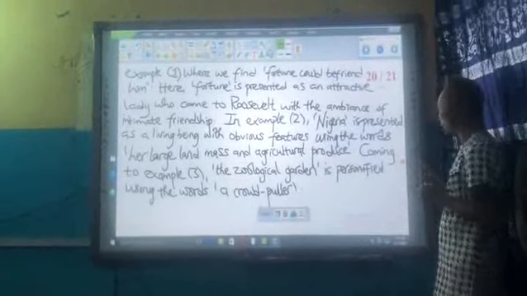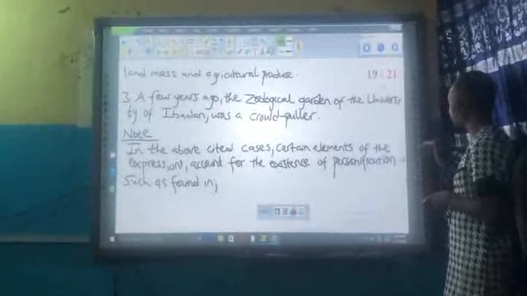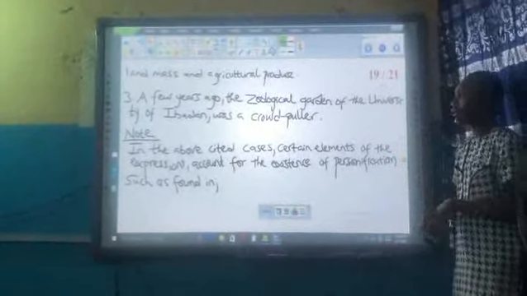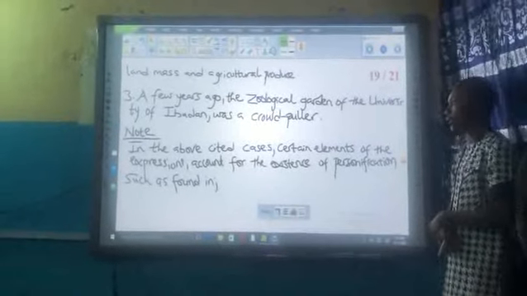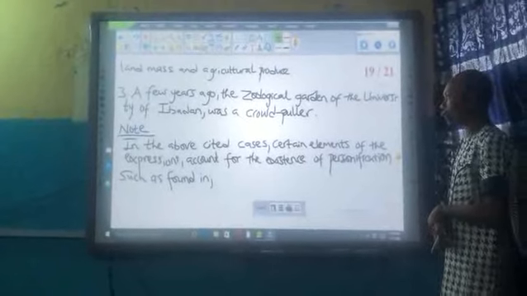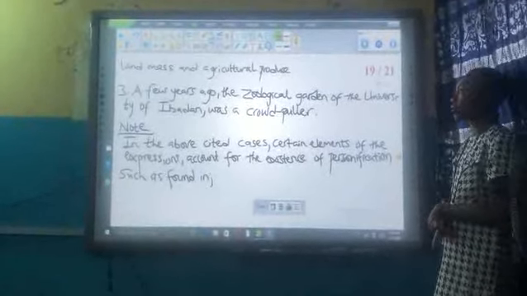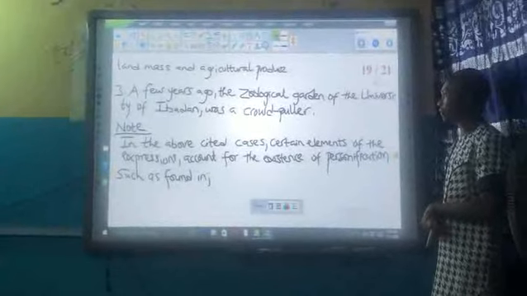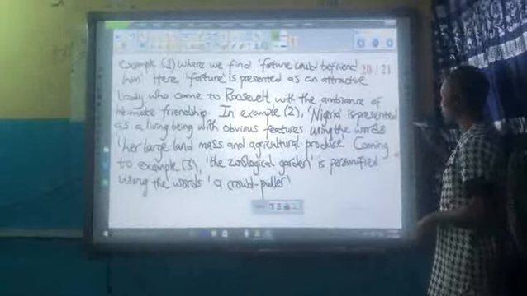In example 3 now, let's look at what example 3 says. Look at it before you. A few years ago, the zoological garden of the University of Ibadan was a crowd puller. Okay, let's come to the sentence analysis now.